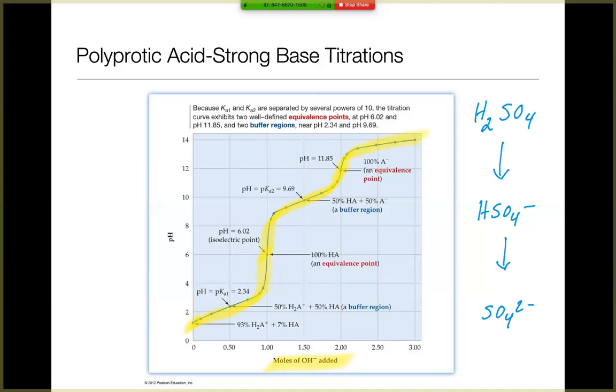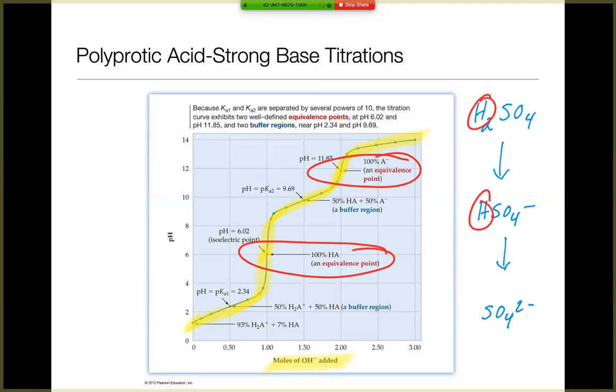It just becomes more basic as I titrate in more OH. So a couple of things we can pull out of this. First off, we already talked about our first equivalence point, nothing new. The new thing might be our second equivalence point. We're talking about one H and then a second H. One is the first, the more acidic proton. The second is the less acidic proton.